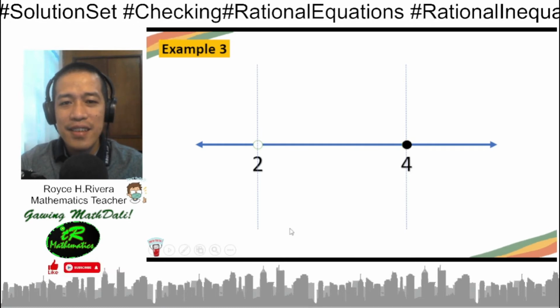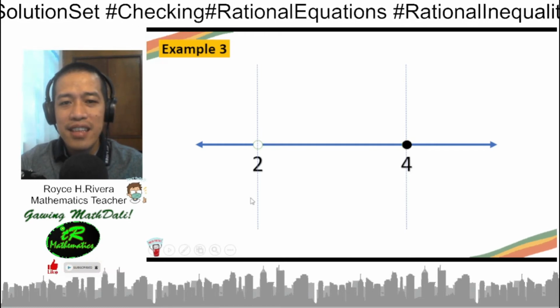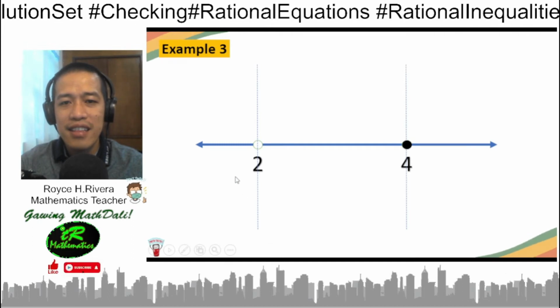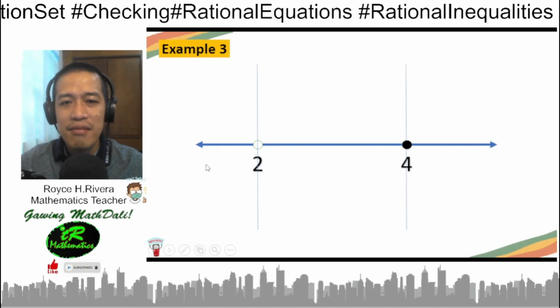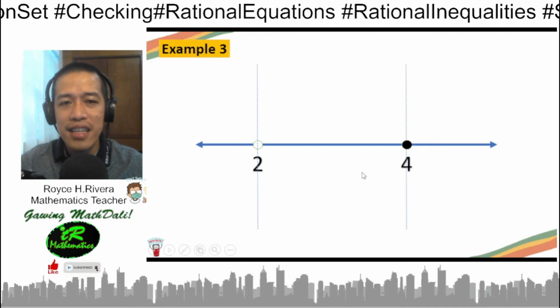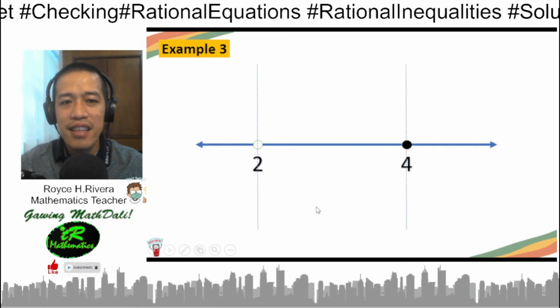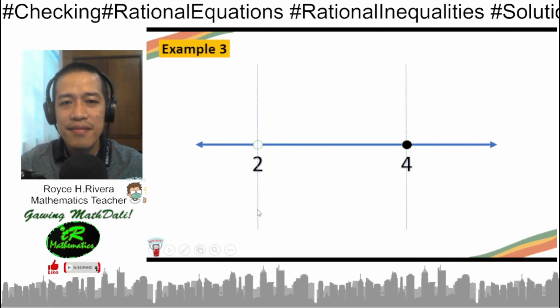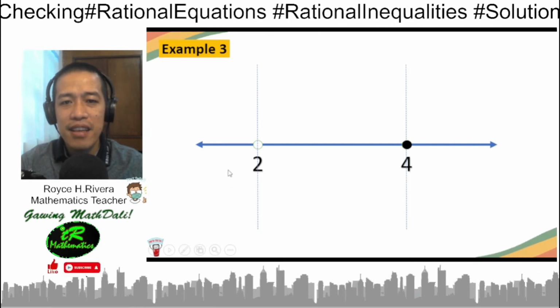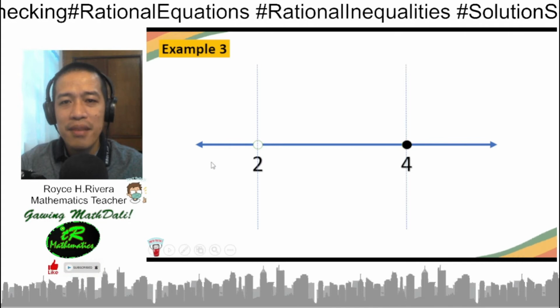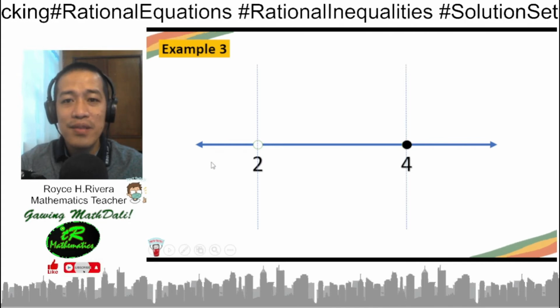Next, we will test each interval, if the set of numbers in each interval will satisfy the inequality. And if they do, the interval will be included in the solution set.